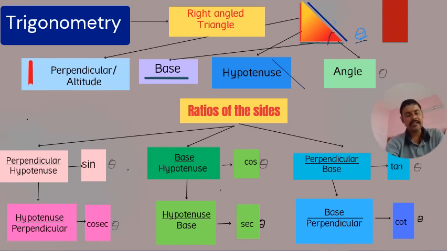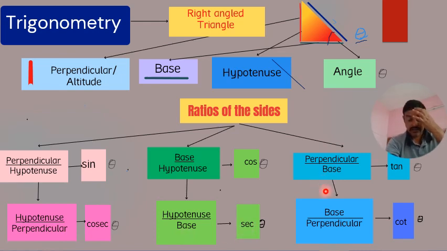Then if we take the reciprocal of these three ratios: the first one is perpendicular upon hypotenuse, and its reciprocal is hypotenuse upon perpendicular, which is cosecant theta. That is, the reciprocal of sine theta is cosecant theta. Then base upon hypotenuse, its reciprocal is hypotenuse upon base, and its name is secant theta.